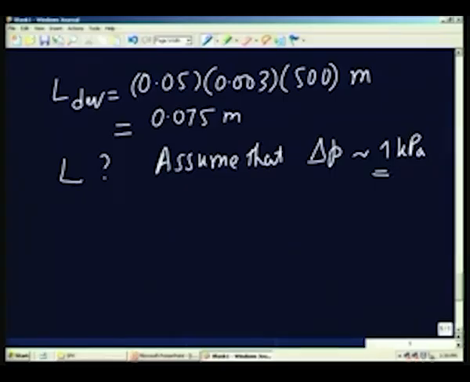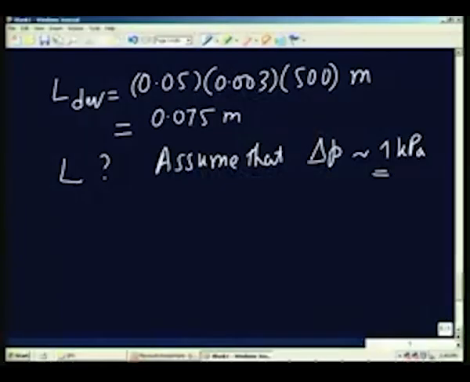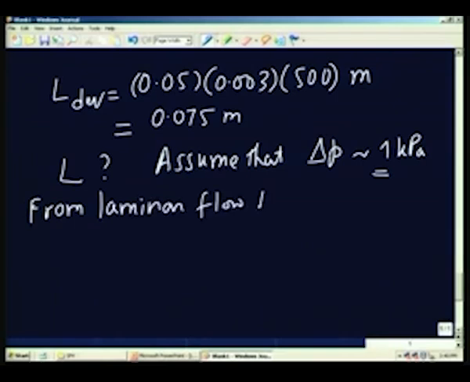Of course, if you choose a different value, you will have to use a different instrument for measuring the pressure drop, depending on the magnitude. In fact, we can show from laminar flow theory, we can show very easily.